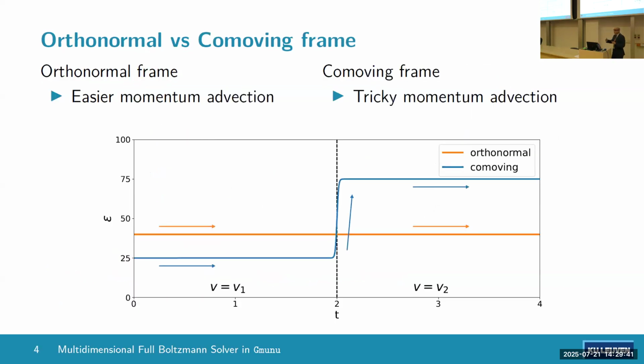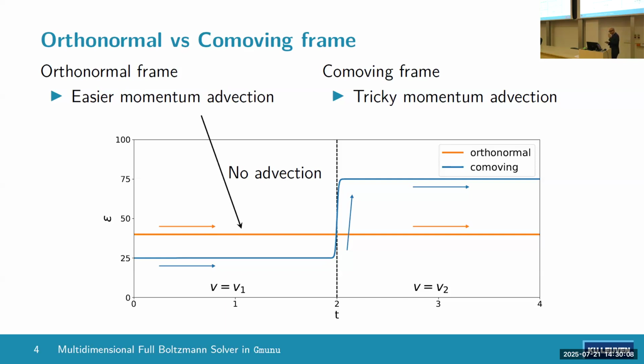For example, if you have a fluid where there's a large velocity gradient, then in the orthonormal frame, the momentum advection is easy. This is what is shown in orange, where there is no advection of the momentum. It remains nice and steady, assuming in this case massless neutrinos, and that the fluid is completely decoupled from the neutrino.